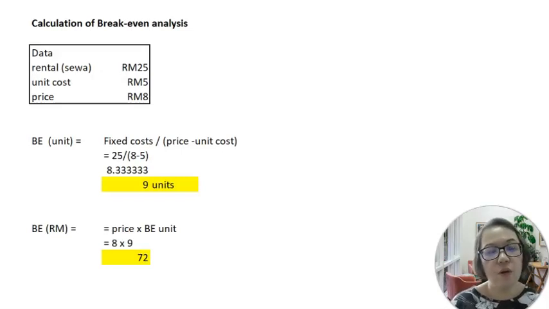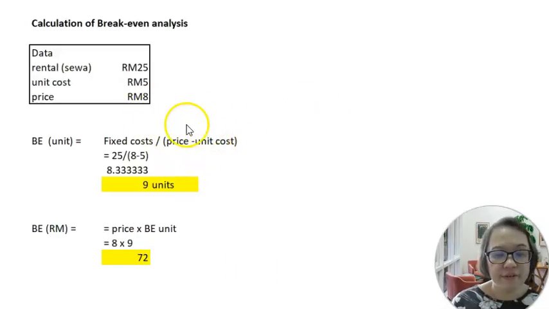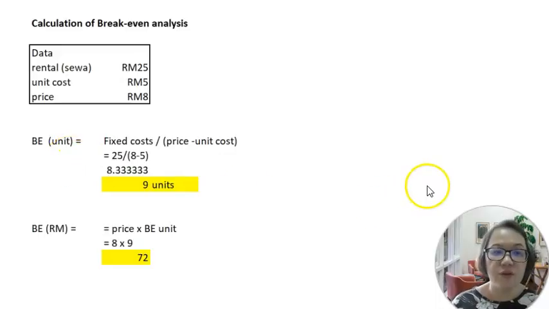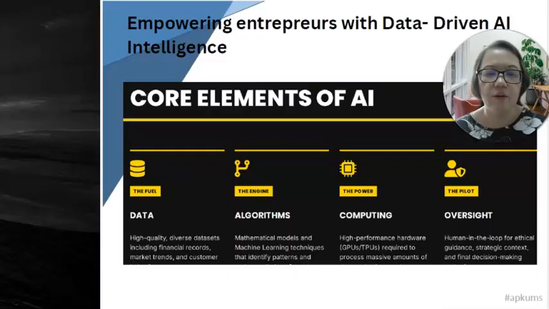How about if you have different products for sale? If the unit cost and the price are similar, then you can calculate it once. If you have different products with different cost and price, then you have to do a separate break-even calculation for each.